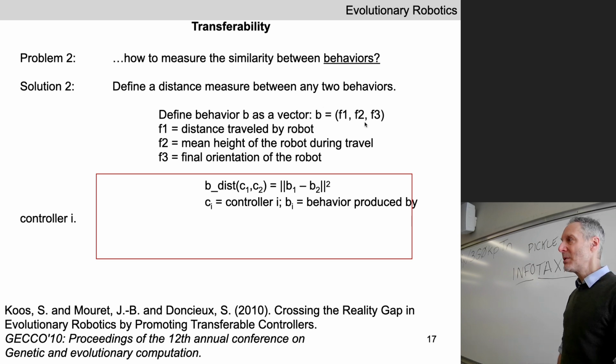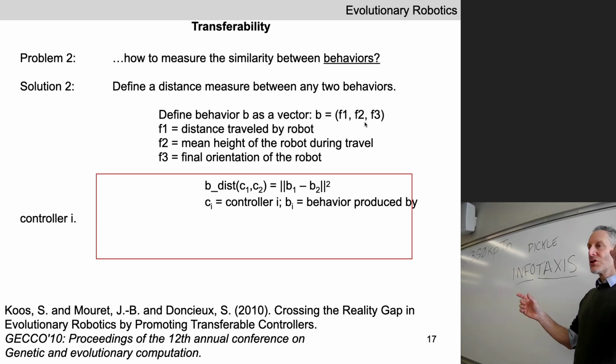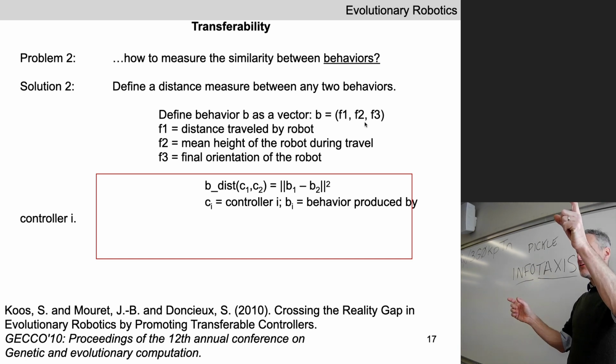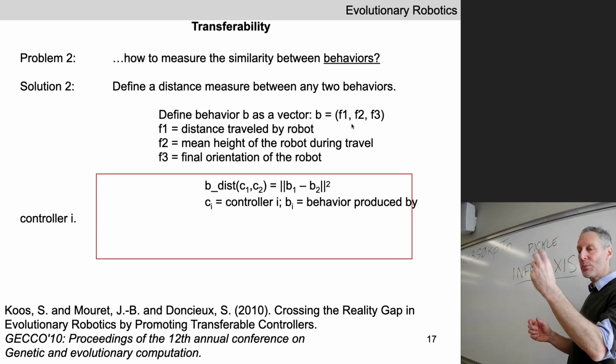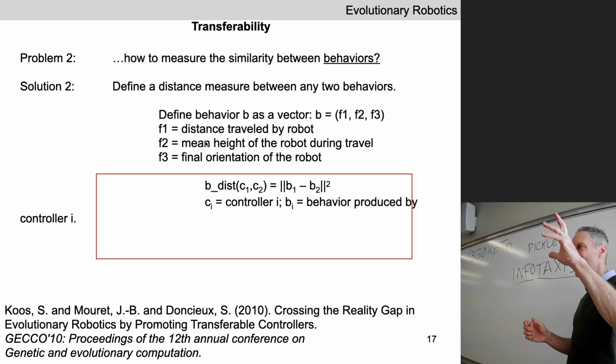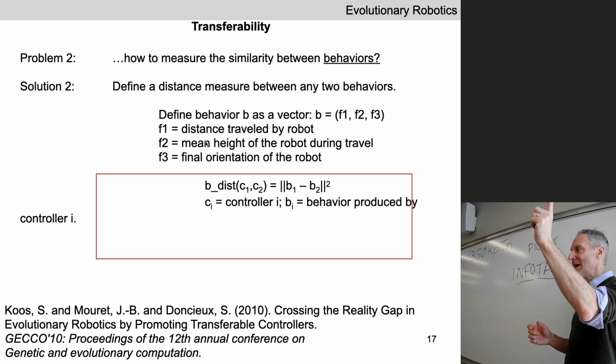They have 3 of them because no one feature is likely to be predictive of transferability, and we don't know how. So we have controller I, controller J. Controller I produces behavior, which produces BI, and BI contains 3 floats in it. Those 3 floating point values describe or approximate the behavior of the robot.